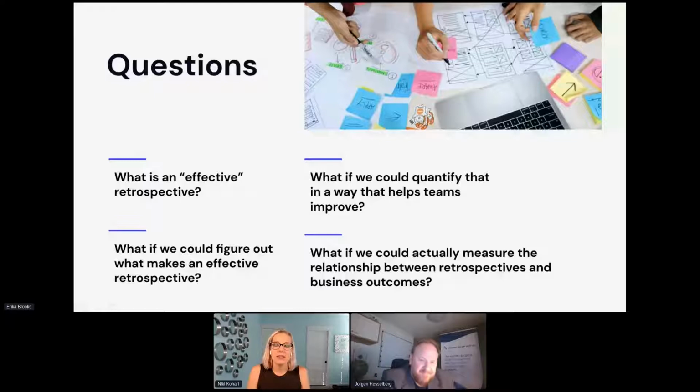Can we make it something that will help people when they get that particular insight that helps them and their teams continuously improve? And if we can do that, can we then take it forward and look at the relationship between retrospectives and business outcomes that people care about, whether it's leaders or executives or just employees in general, because we're hearing those stories all the time here at Retrium, but they're just one-off stories here and there.